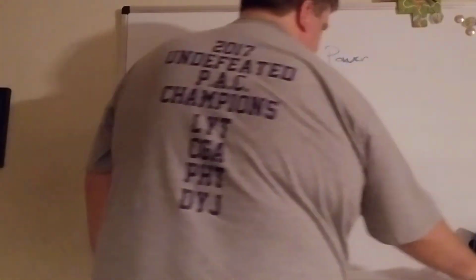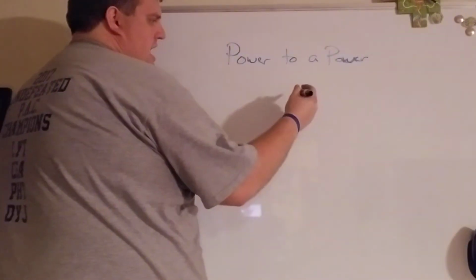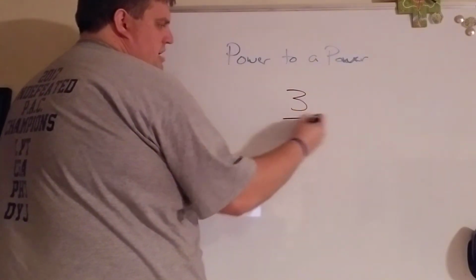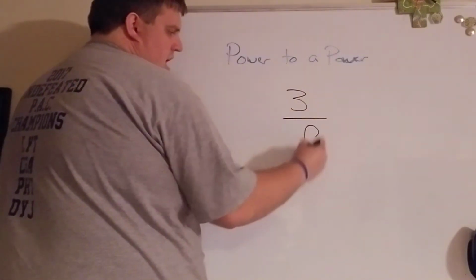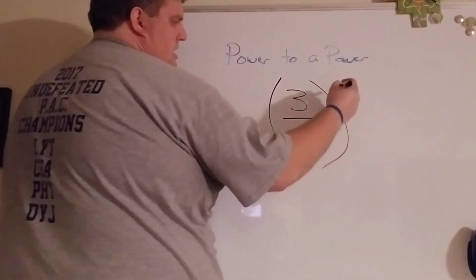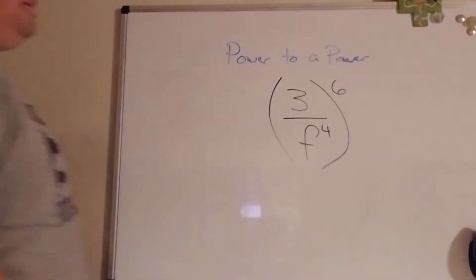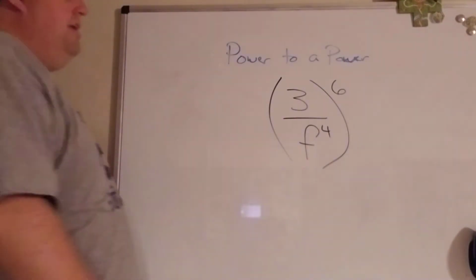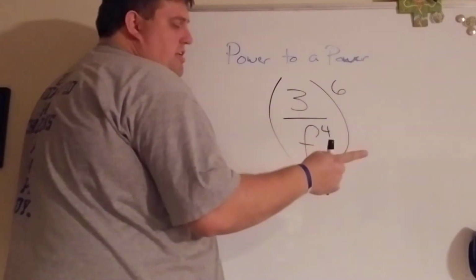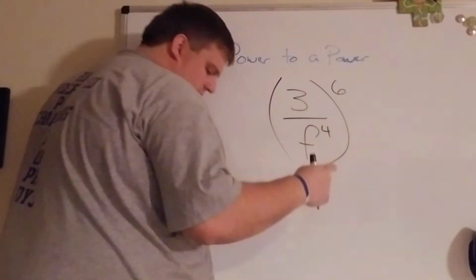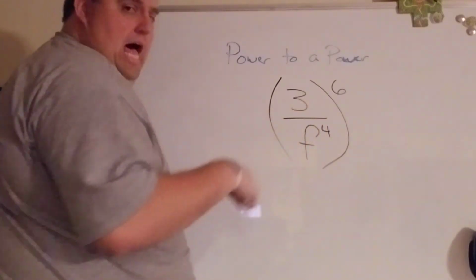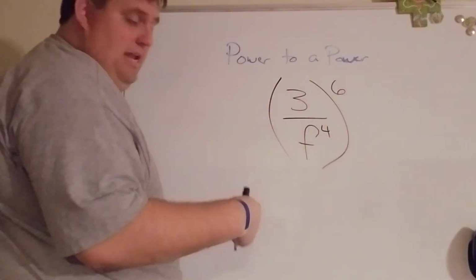So if I have a fraction, like let's say we had 3 over f to the 4th, and that was all to the 6th power. The exponent on the outside, when I distribute it, is going to go to everything on the inside. So that means that it is going to go to the top and to the bottom.